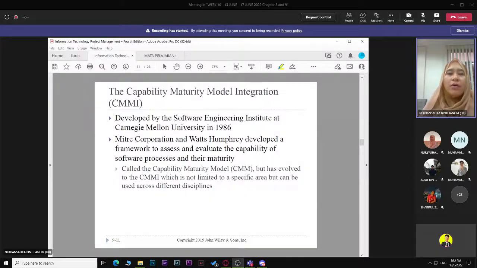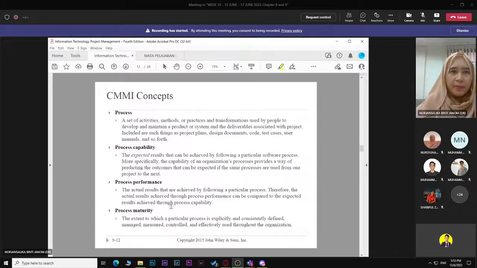So in order to understand, we related to the system development or the software development. One of the method, the model that we use is a capability maturity model integration. Okay, which even though it mentioned that it can be developed to know the maturity model, the capability of the organization in achieving the maturity or towards the system development, but it can also apply to another discipline actually, right?